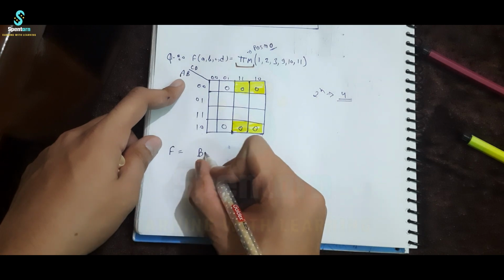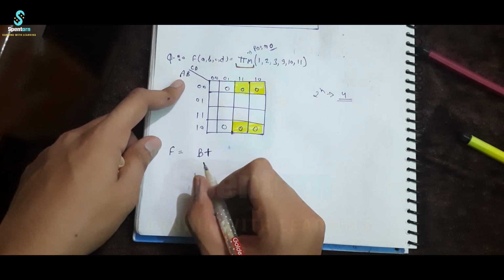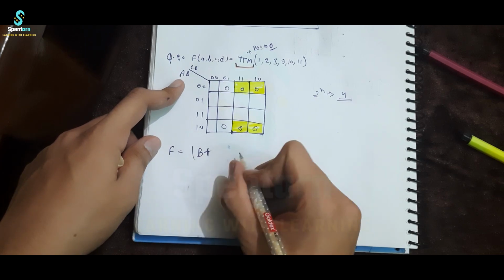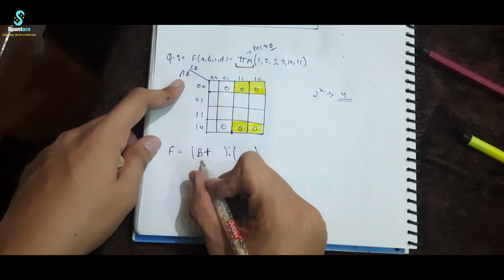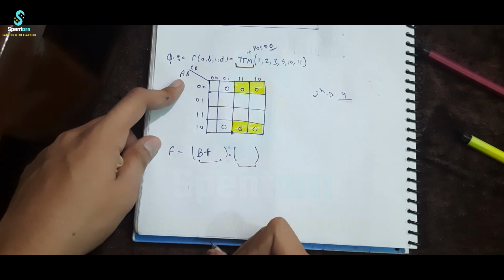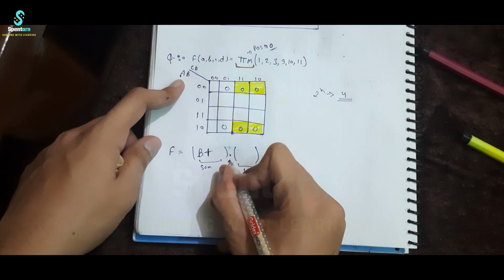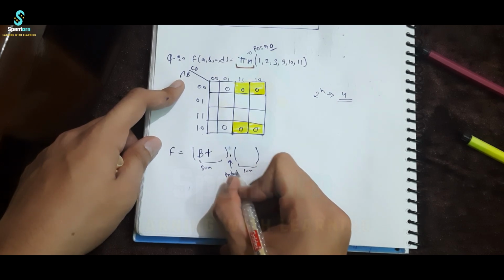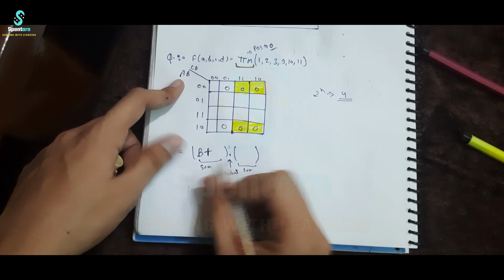Now we have to make it plus because it is the POS format, product of sums. This is the sum we will be getting, and we have to take the product of it. So we are having this expression in the POS format. This is how we are doing it.